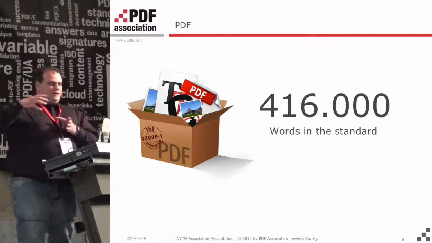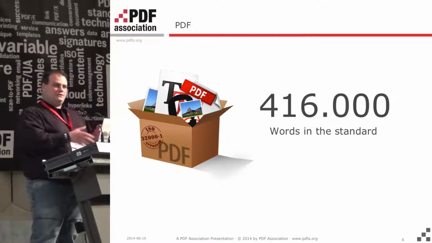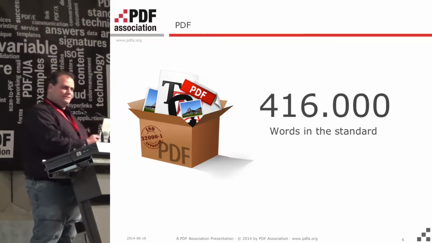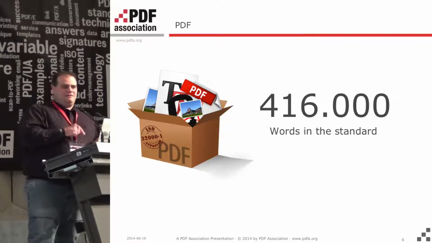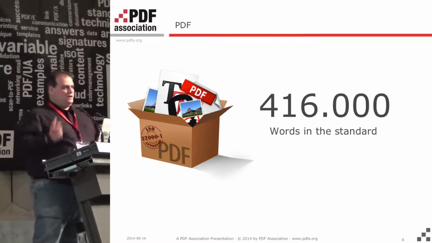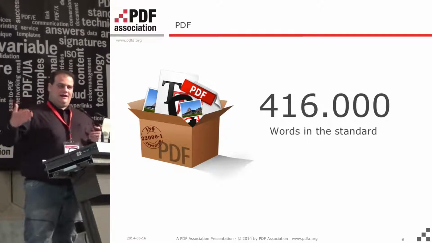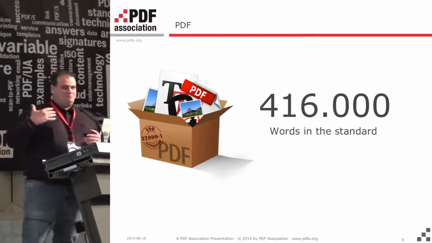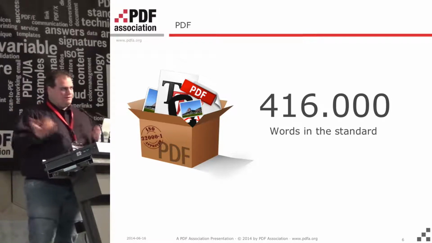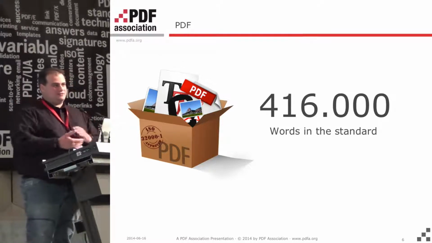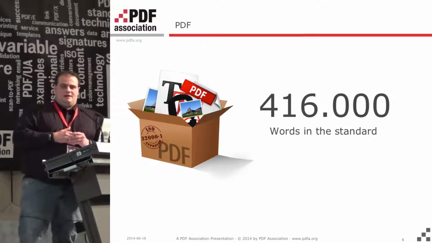For every written word, how many words are needed to get to that stage? I personally think that the factor is 1 to 100. So one written word has had 100 spoken words prior. So you can think how much stuff and how much has been discussed around that standard.